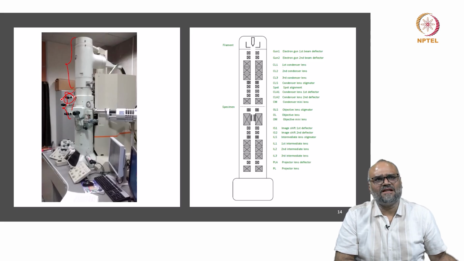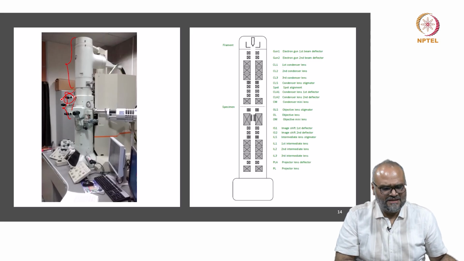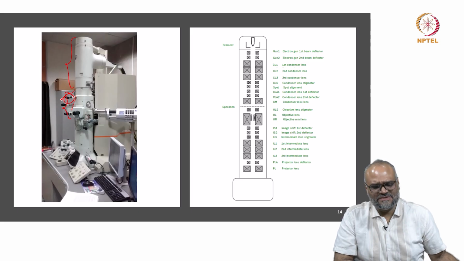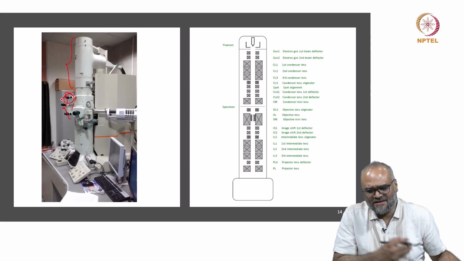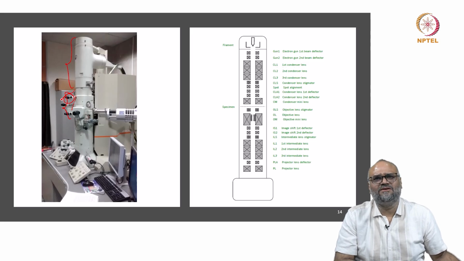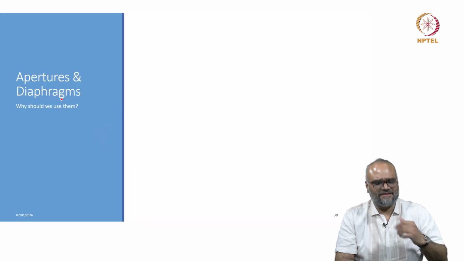If you have motorized apertures as well, you might end up displacing the aperture so far away from the mean position that you may end up creating some kind of aberrations, which I'll not go into right now, but this is one of the sensitive parts which can really be misaligned, and you may end up blocking the beam without knowing what the problem is. So let us look at how these apertures look like.